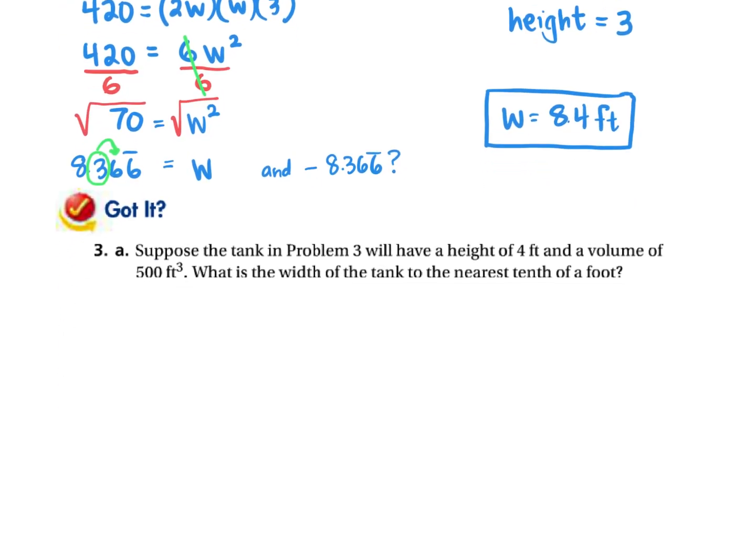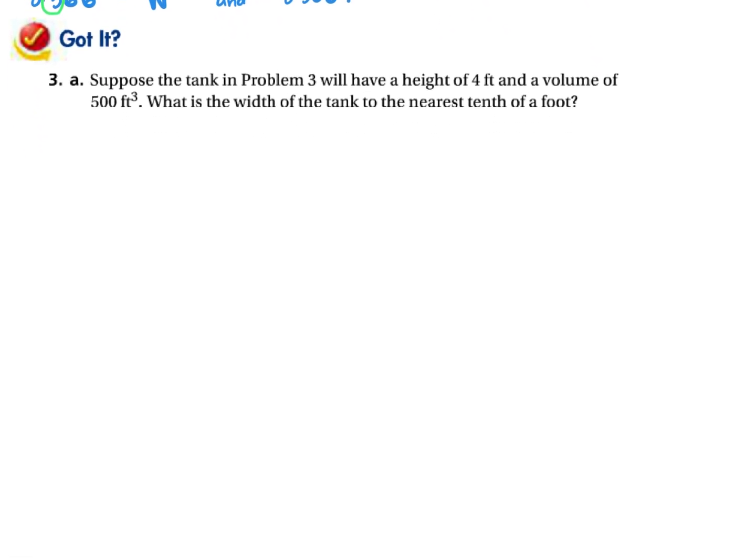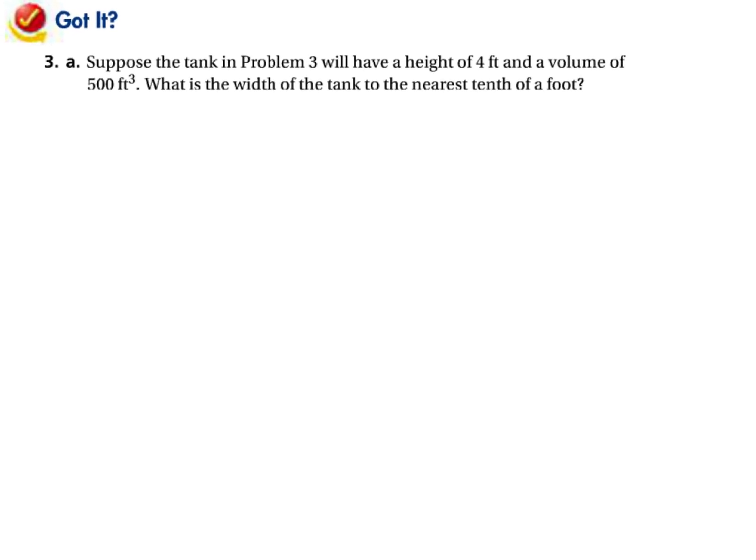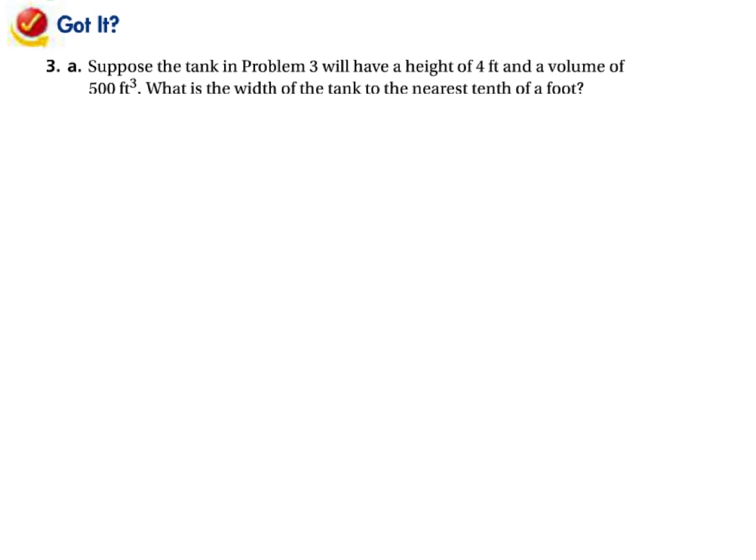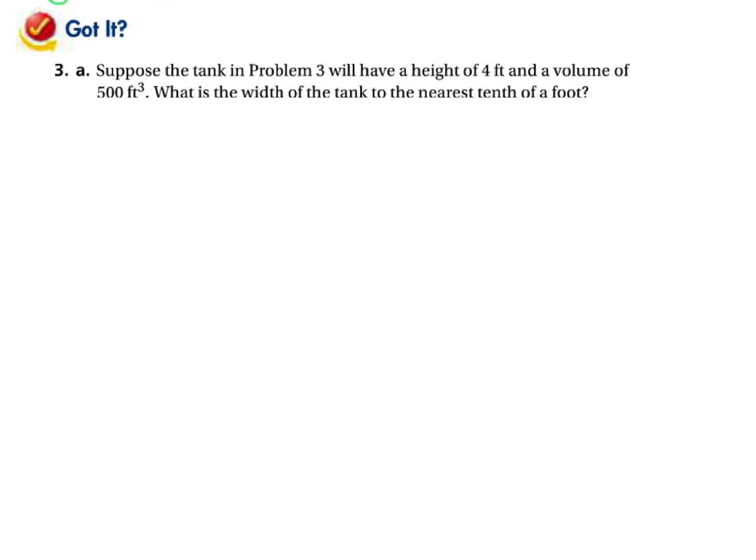Okay, last part. Suppose you have the same tank, and this time the height is 4 feet and the volume is 500 feet. So we still have the same tank, which means V for volume is length times width times height.